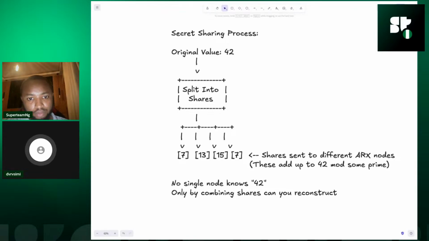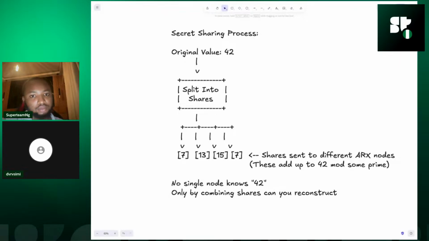So no single node knows that it's actually 42. They just have their own portion. And if you need to reconstruct them, those nodes also don't know the final value. They just know, this is my own part, I've contributed my own computation, and I've given my own results. So they are just individual Arx nodes. We'll talk about Arx nodes too. Arx is a Latin word for structure. I can't remember now, but we'll get to that.